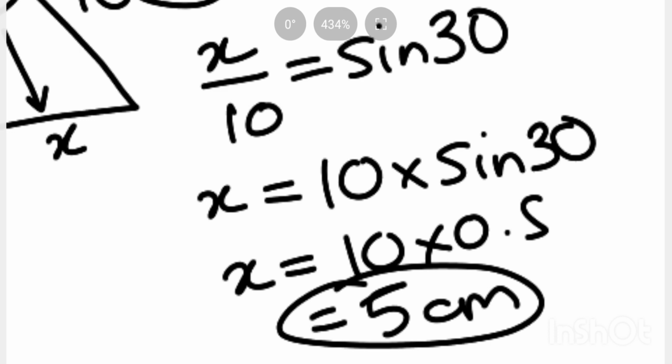There are some common trigonometric values that we should know, so just commit them to memory.